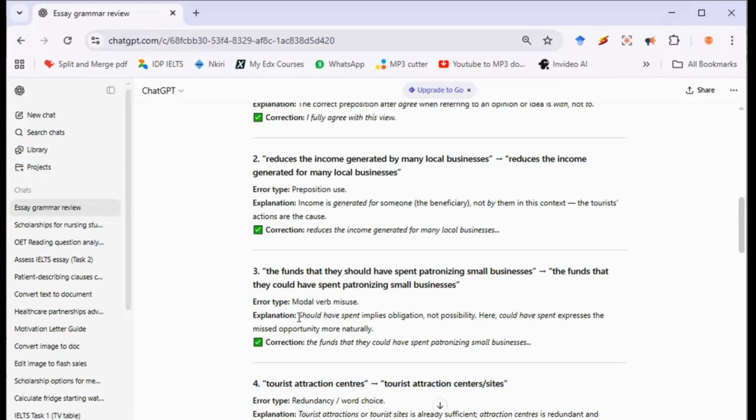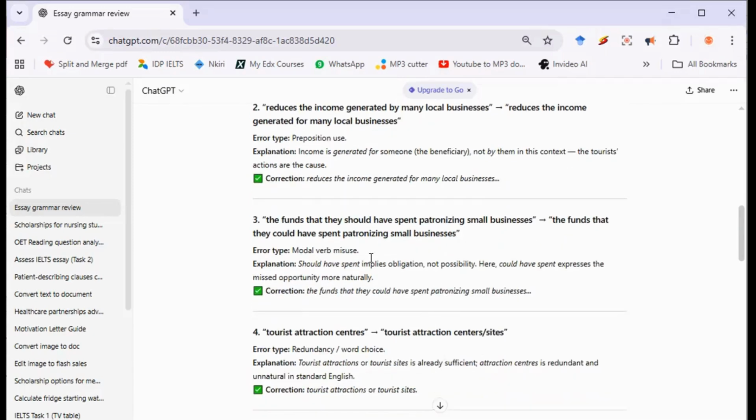"Could." Look at the explanation. "Should have spent" implies obligation. Obligation means the thing is compulsory. But the AI is telling us that no, it's an optional thing. It's a possibility. "Could have spent" expresses a missed opportunity and makes it more natural.